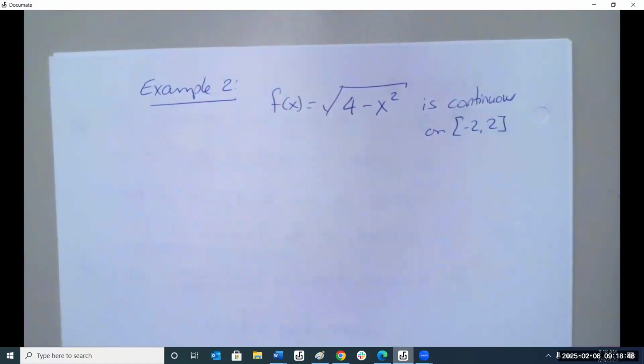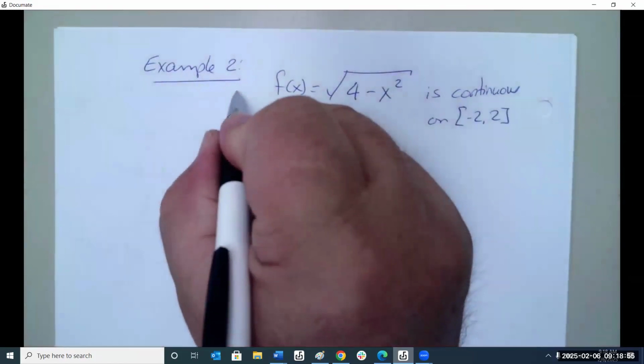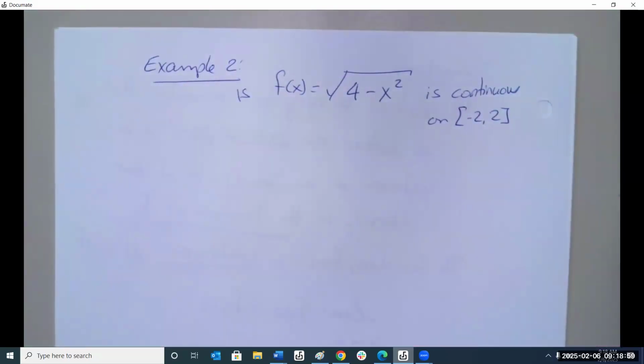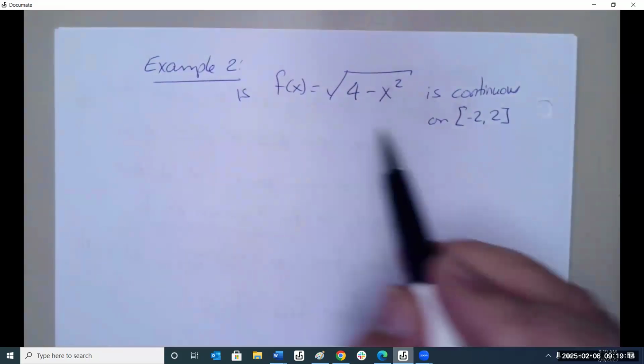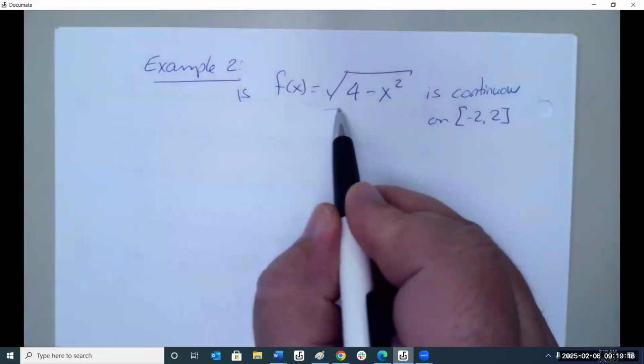True or false? Is this function continuous on this domain? Mathematically, if I don't show you the graph, first off, remember, it has to be on the domain. What's the domain of this function?